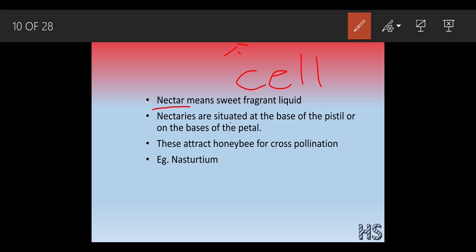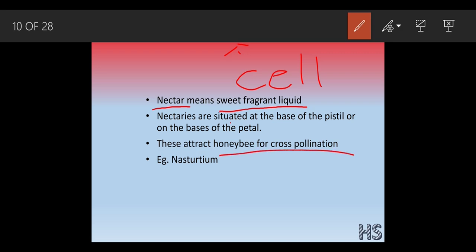What do you mean by nectar? Sweet fragrant liquid. Sweet means tasty, fragrance means a good smell, and liquid in nature like honey. This attracts the honeybee for cross pollination.